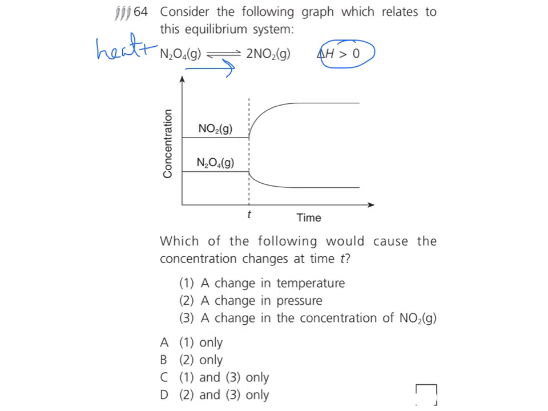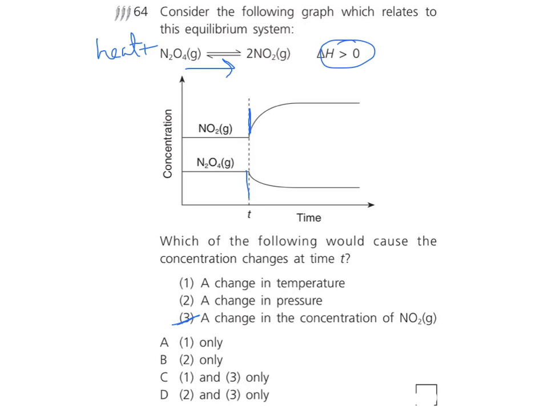But there's no sudden increase. There's no spike or sudden decrease with a spike. We don't see anything jump up or jump down. That's a sign that nothing's being added or removed from the system. So the choice number 3 here doesn't make sense. The change in concentration of NO2 would not explain what we see there.